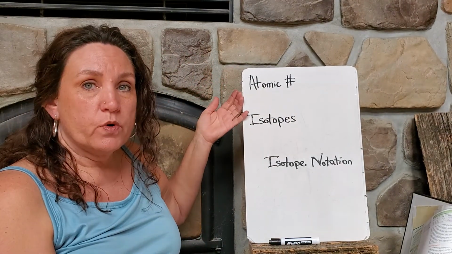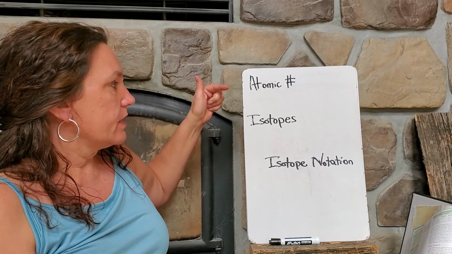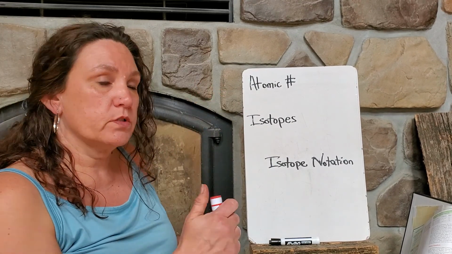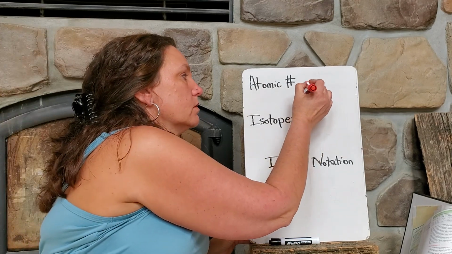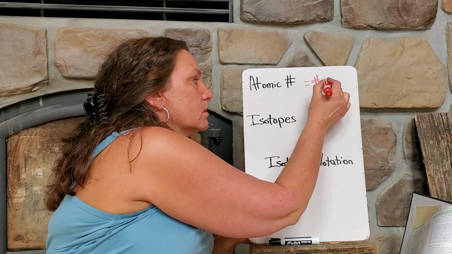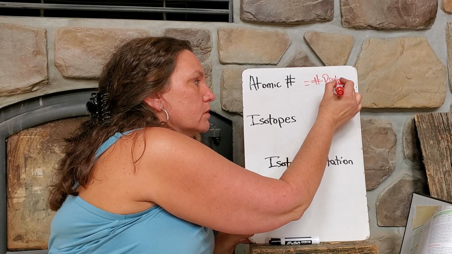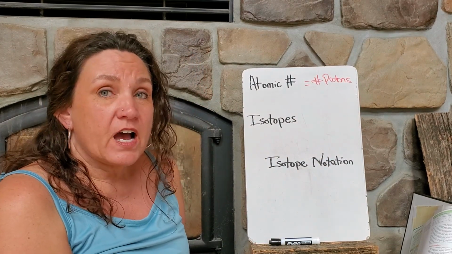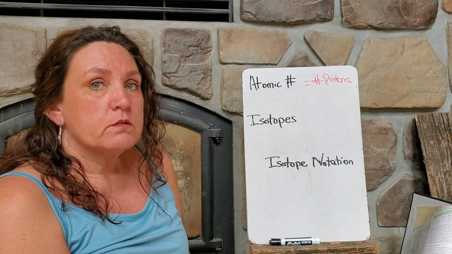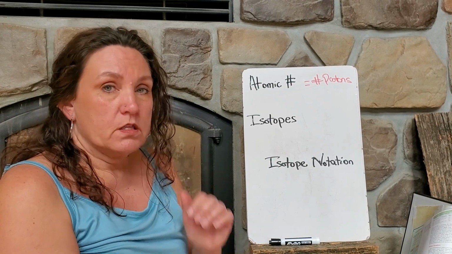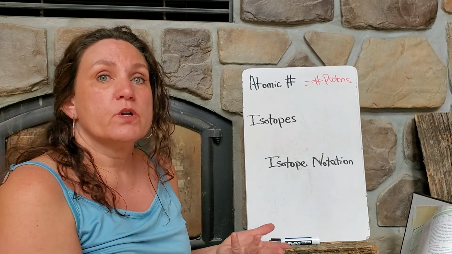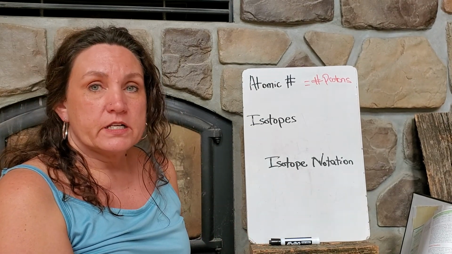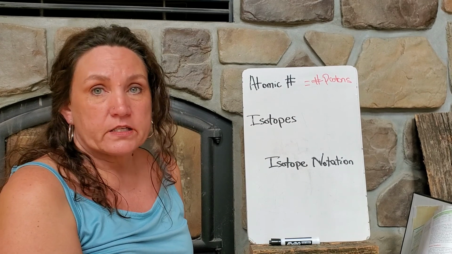So again, when we're thinking about stuff, I've got the atomic number, which is always equal to the number of protons. It also identifies the element. So if I know the atomic number, I also know the symbol, because carbon, for instance, has an atomic number of 6.